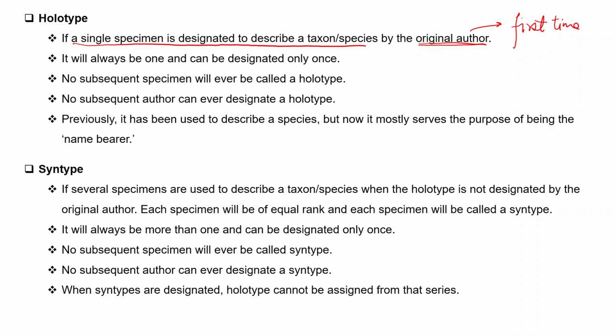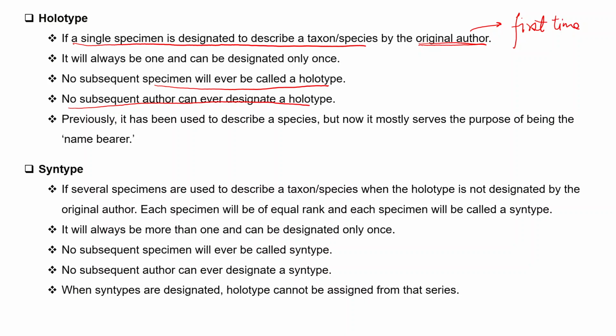Years may come and go, centuries may pass, but if a holotype is originally designated and published, it can never be changed. In future, you may find a specimen which is better than the holotype, but that new specimen will not be called a holotype, and no subsequent author can ever designate a holotype.